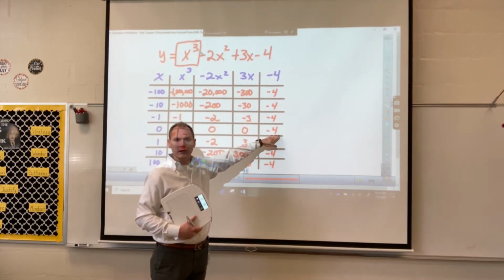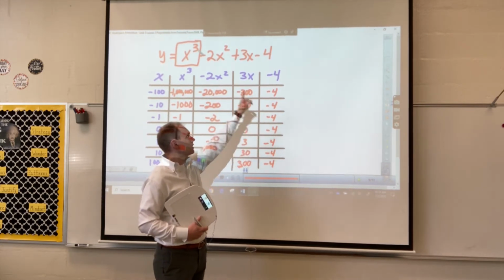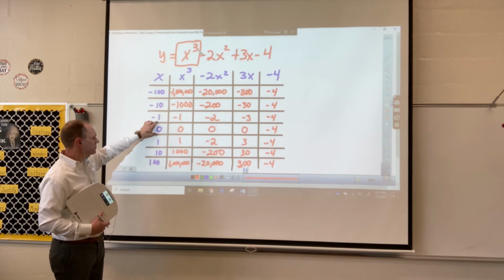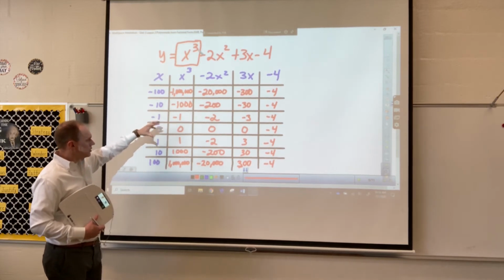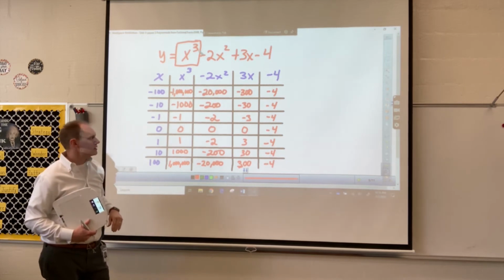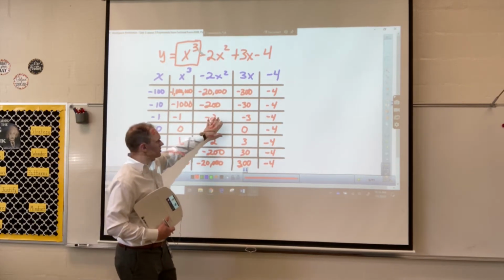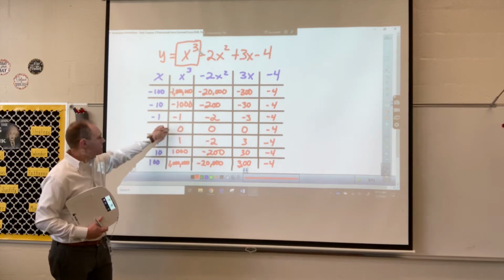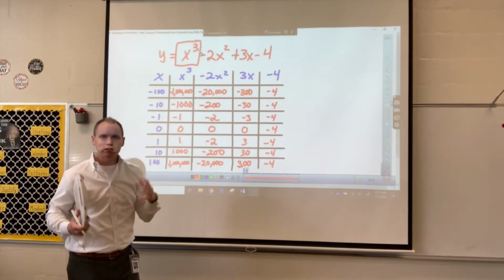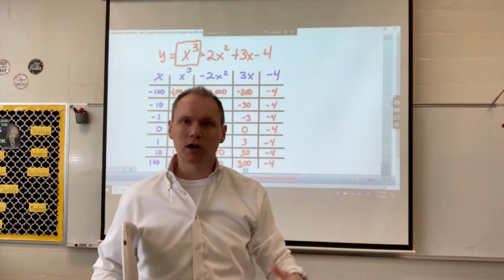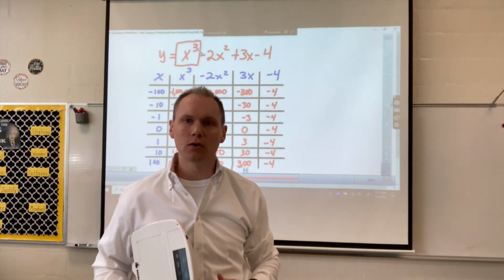It's only dependent on the last value, which is our y-intercept. But the further we get away from 0, the larger the values are going to be for this x cubed spot. And the larger these are going to be as well, but not nearly as much. So the further we get away from 0, the more that leading term takes over the function and determines where it's going to end up going.